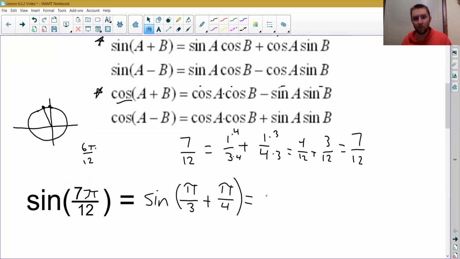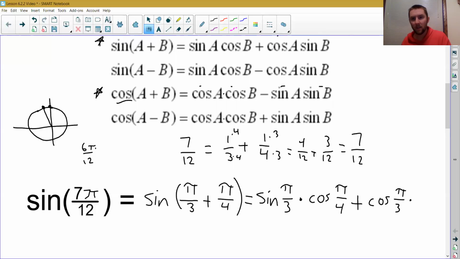All right, so if I were to rewrite this with this formula, it's really the sine of pi over 3 multiplied by the cosine of pi over 4 plus the cosine of pi over 3 times the sine of pi over 4.